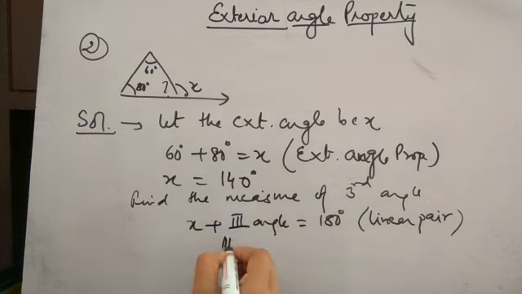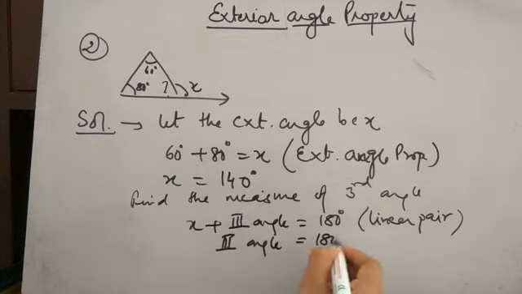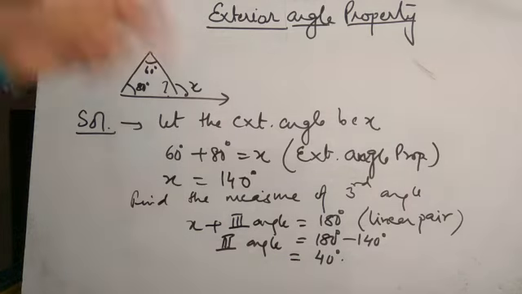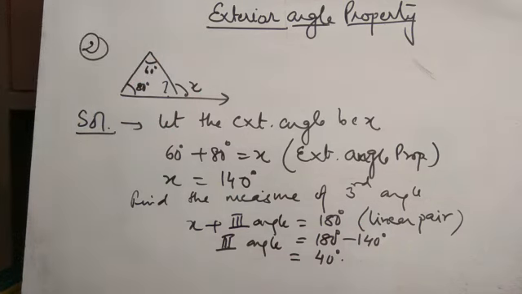So the third angle will be equal to 180 minus 140. So the measure of the third angle will be 40 degrees. So there can be such attachments also, where you have to find this also. This is how you will do it. Okay. Thank you children.